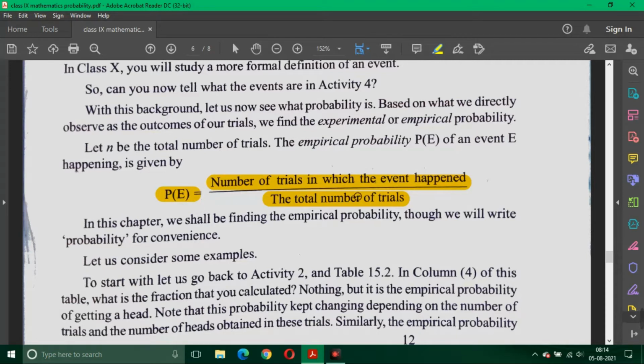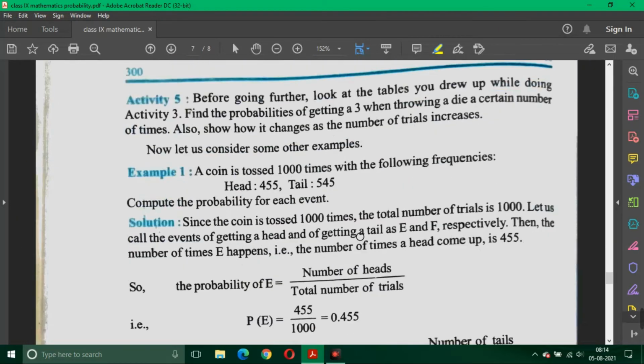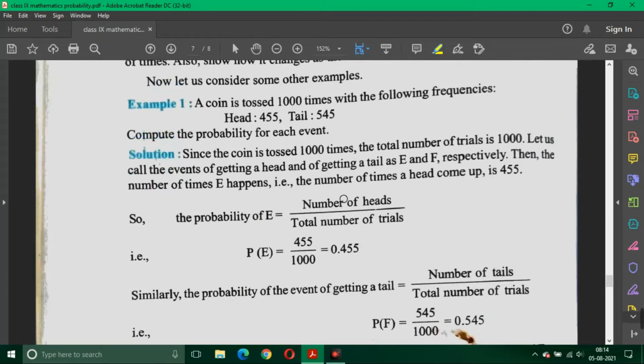It is the number of trials in which the event happened divided by the total number of trials. This is the formula for the calculation of probability in case of experimental probability. Now let me explain the concept of experimental probability with the help of this particular example here.